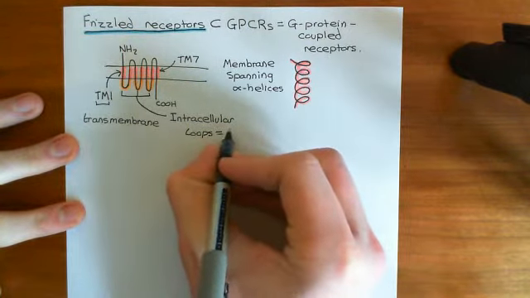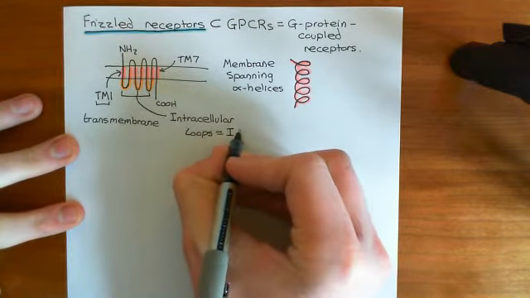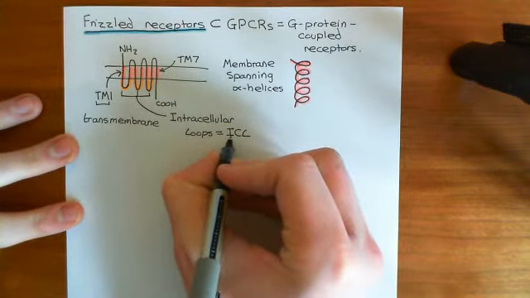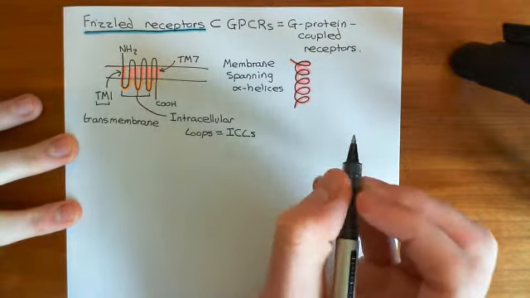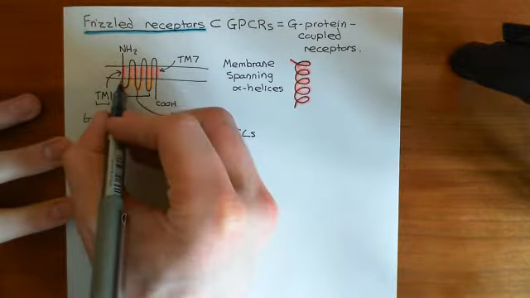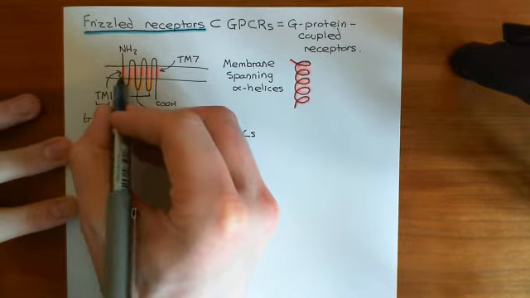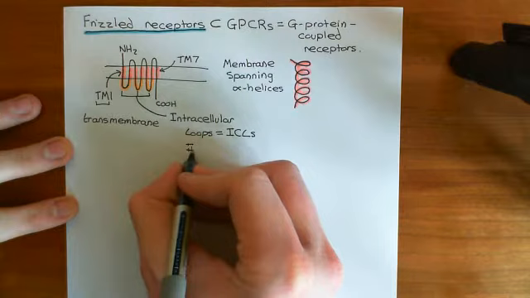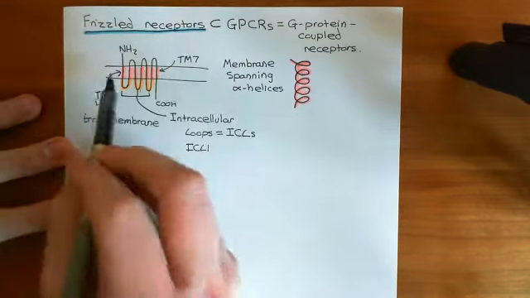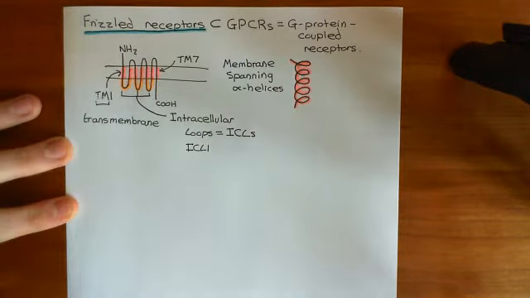For short, the intracellular loops are abbreviated to the ICLs: I for intra, C for cellular, L for loop. Now the first intracellular loop, which is between TM1 and TM2, will be called ICL1.